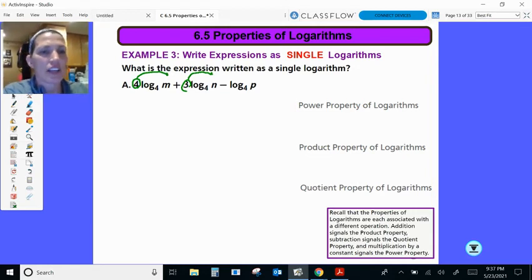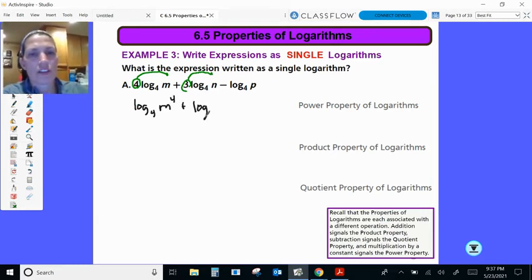So we're going to take our log base 4 of m to the 4th power plus log base 4 of n to the 3rd power minus log base 4 of p. Then I'm going to work left to right.